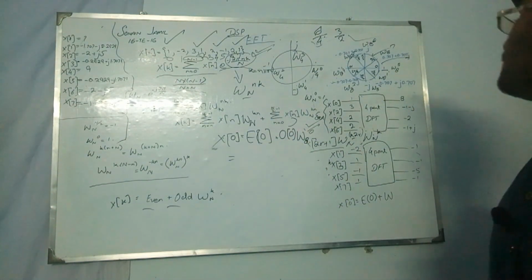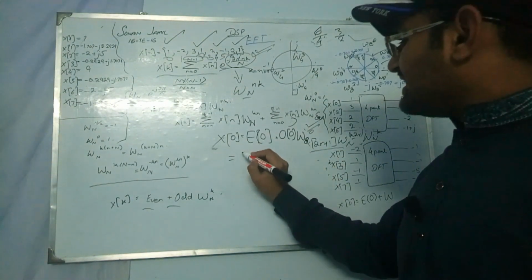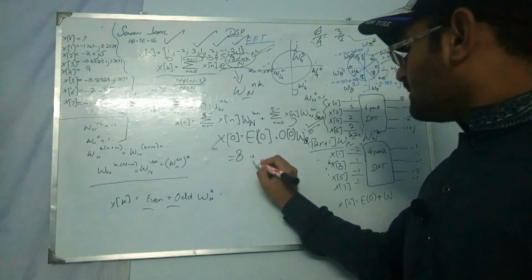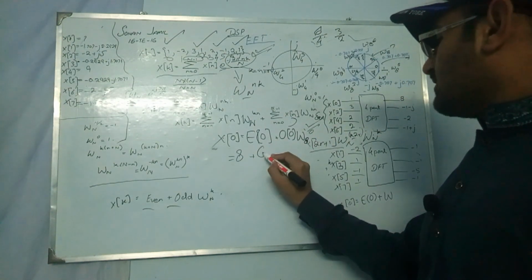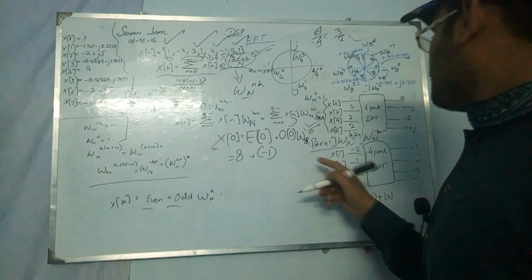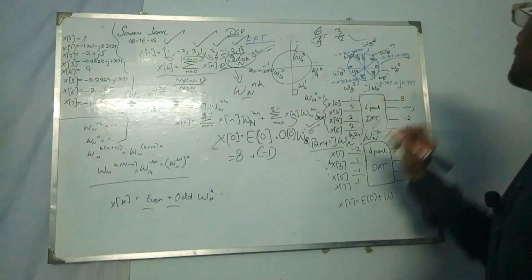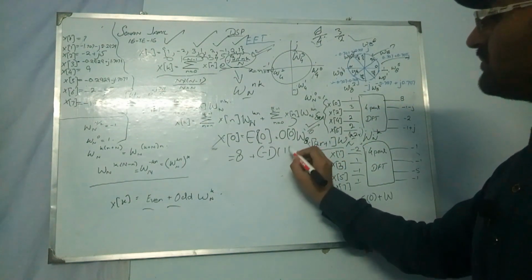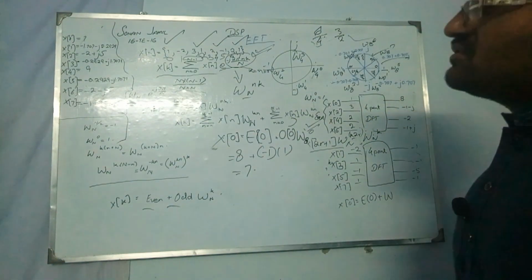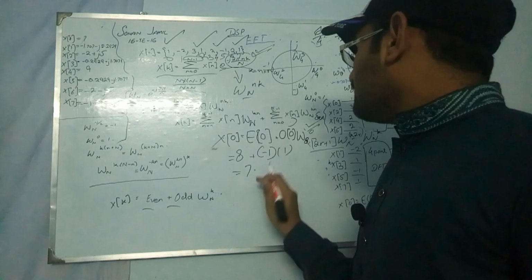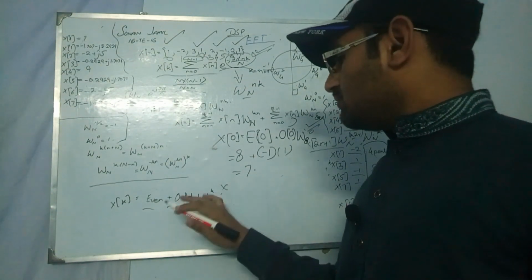So what is E of 0? E of 0 is 8, plus minus 1, O of 0 is minus 1, and W of 8 to the 0 is 1, so you can see that it comes out to be 7. Similarly, you can find all these values, and these will be equal to this one.